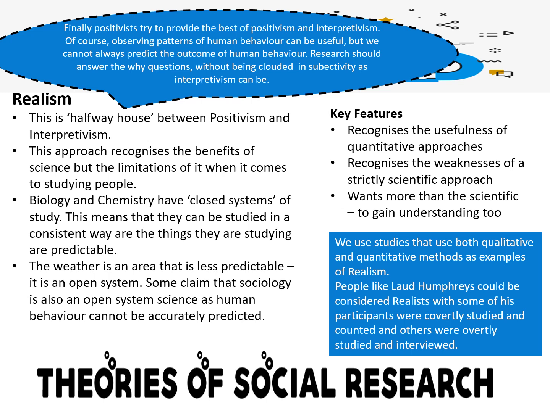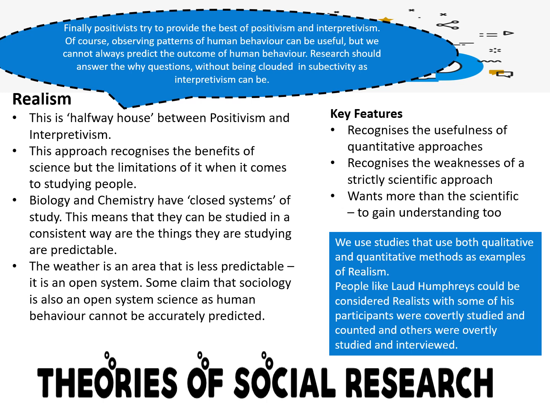So we've looked at the two extremes of theoretical perspective, but I suppose in the middle is a more modern approach, and this is known as realism, which is described as a halfway house. And this is looking at the benefits of both the scientific and the non-scientific approaches to sociology. And some people call this a type of scientific approach.